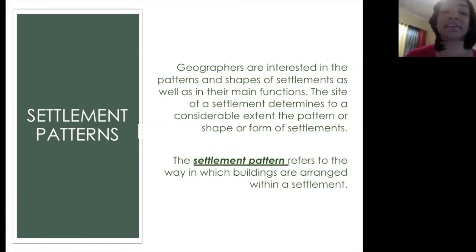And what gives the sediment its shape? The buildings. Okay, the buildings give the sediment a shape based on how those buildings are actually arranged. What buildings are we talking about? We're talking about houses. We're talking about shops. We're talking about any structure that is actually built in that given sediment.